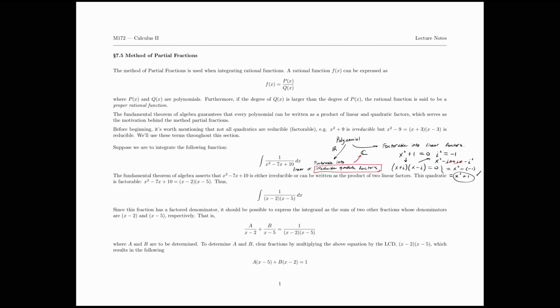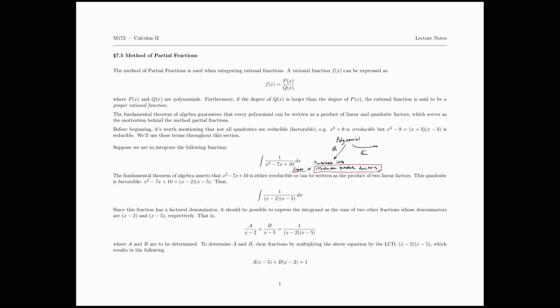Okay. So we are going to work primarily with real numbers, although we will see i from time to time. So we will actually work with i a little bit, but really this is what we want to think about here. We're either getting linear things or irreducible quadratic factors.